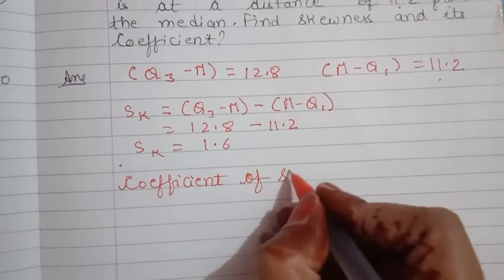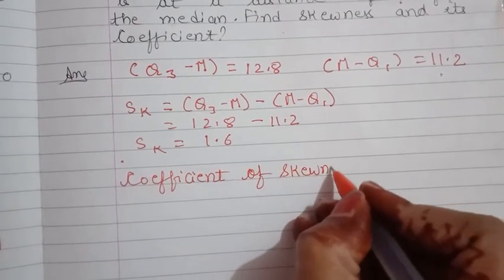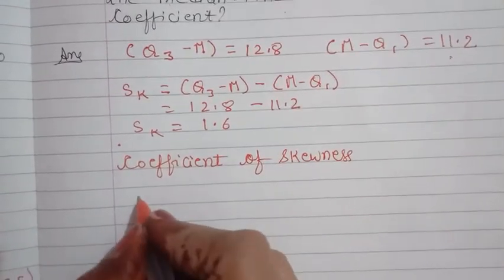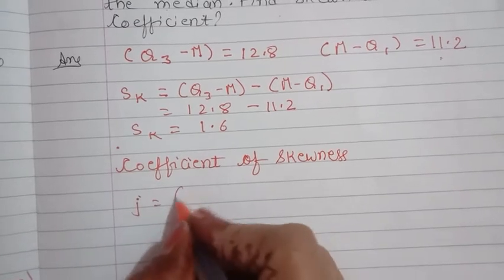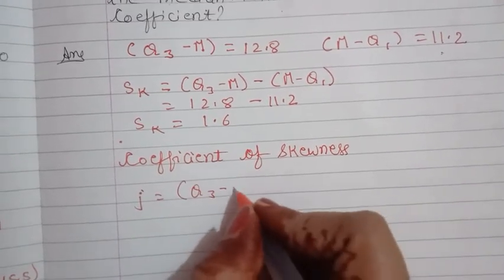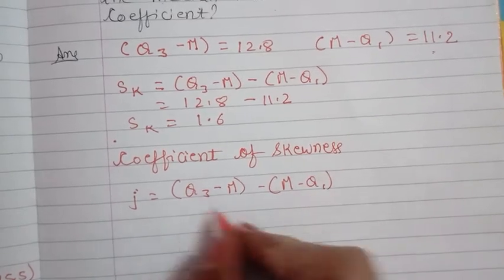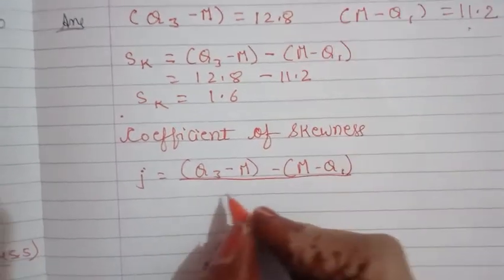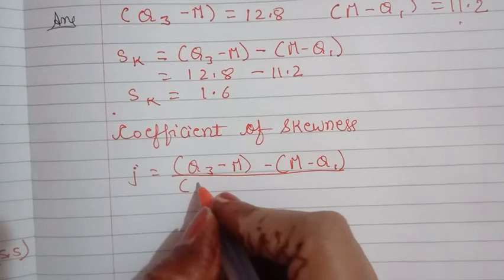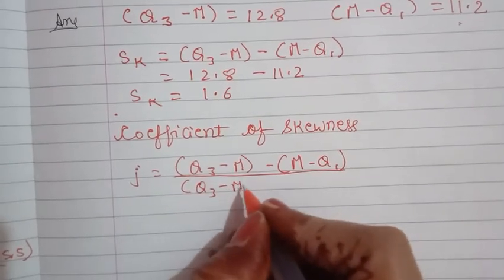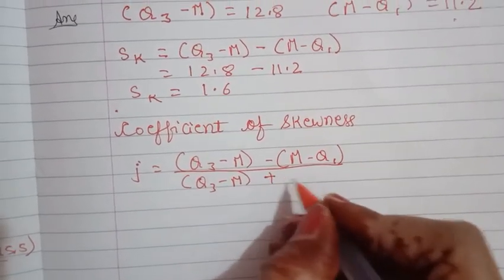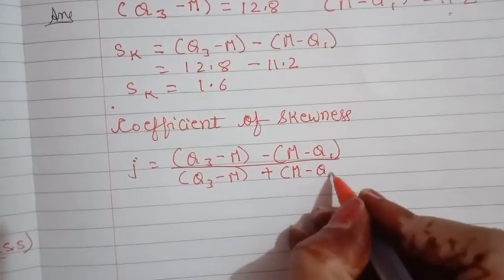So coefficient of skewness J is equal to Q3 minus M minus M minus Q1 upon Q3 minus M plus M minus Q1.